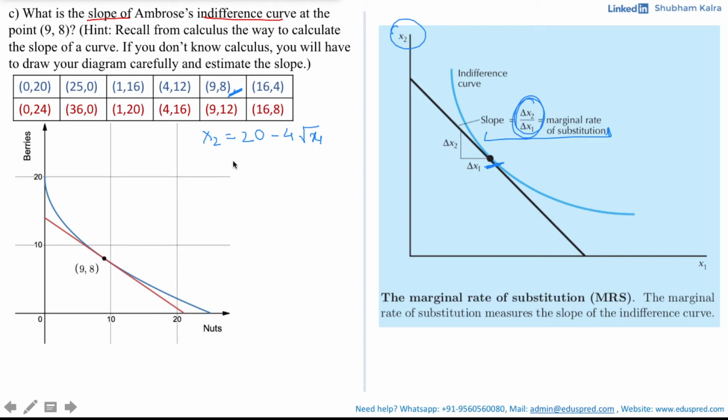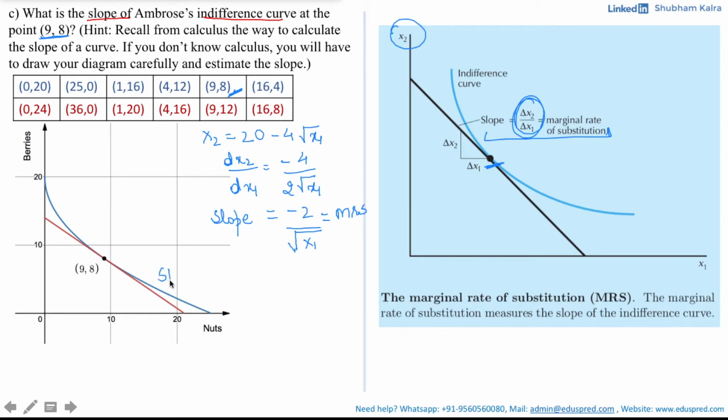So the derivative of x2 with respect to x1 is minus 4 divided by 2 square root of x1, which is equal to minus 2 divided by square root of x1, and this is your MRS. Now the question is asking us to calculate the slope of the indifference curve at the point 9, 8.